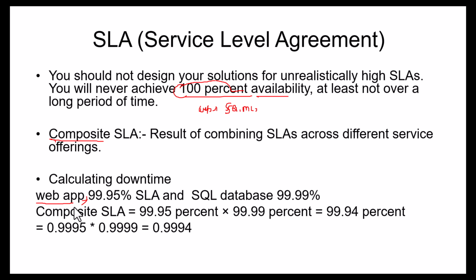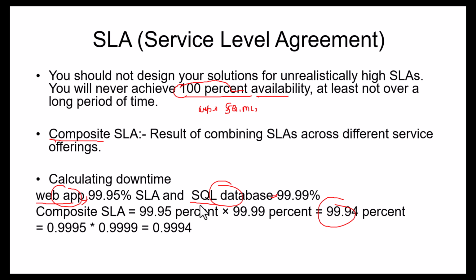Generally the web app has a 99.95% SLA, and I'm also using a SQL database that has an SLA of 99.99%. If you are using both of these services, the web app and the SQL database, then whatever application you are making, its overall SLA is going to decrease.